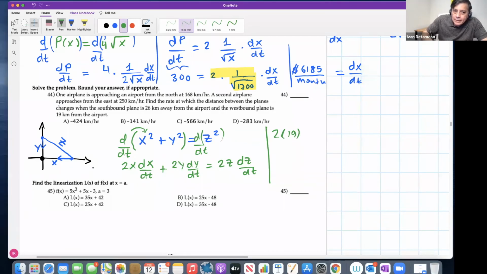Derivative of x with respect to t. This rate of change for this plane, since it's getting closer and closer to the airport, should be negative, because this distance is decreasing over time. And what is that? It's given here, 250, for the second airplane, right? Negative 250.